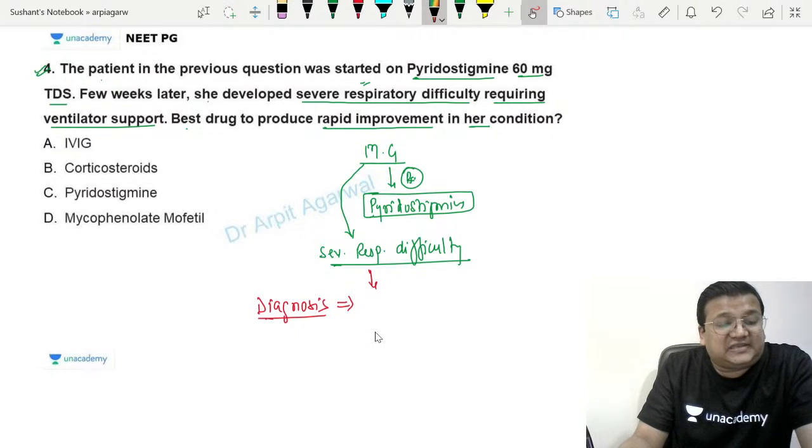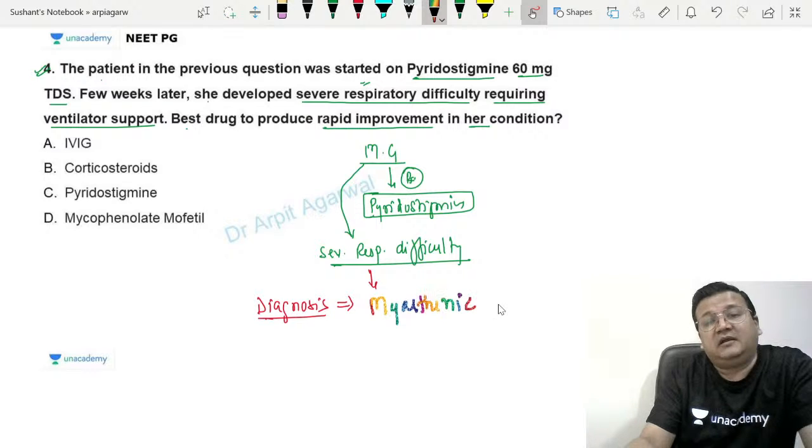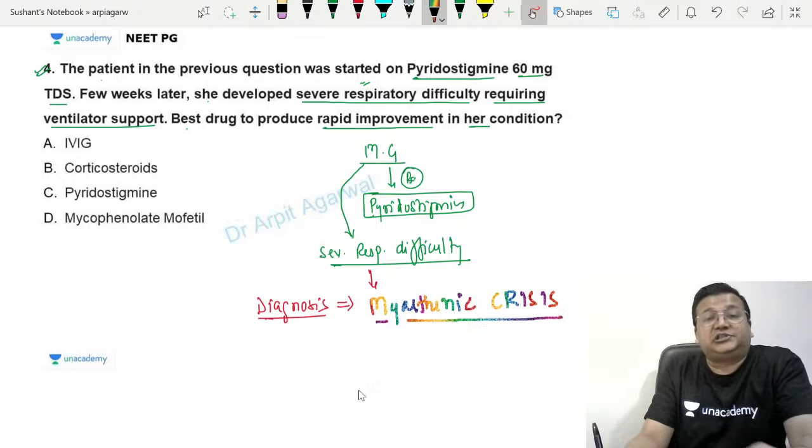Respiratory muscle paralysis. SNSN says the correct word, respiratory muscle paralysis, and we call this the myasthenic crisis. So what is the take home message from this question?